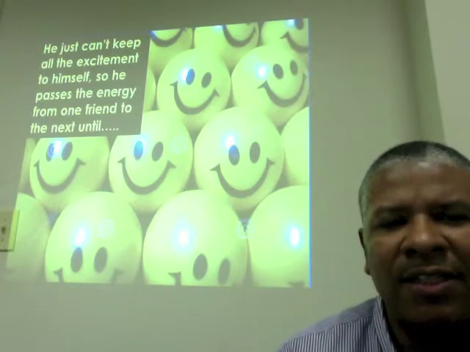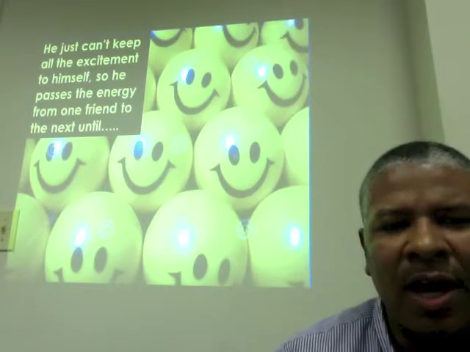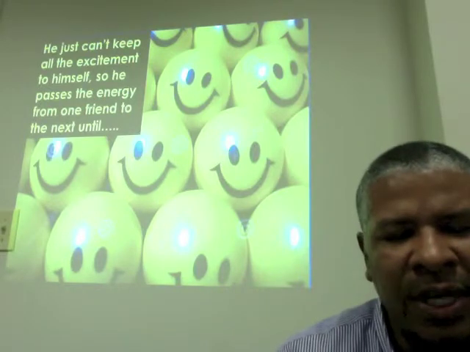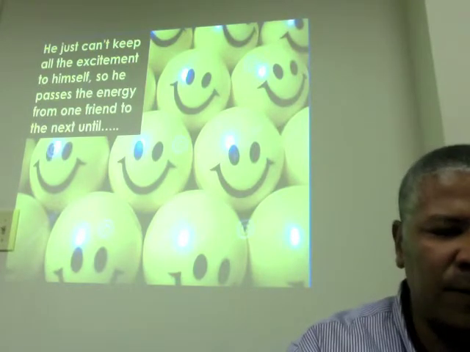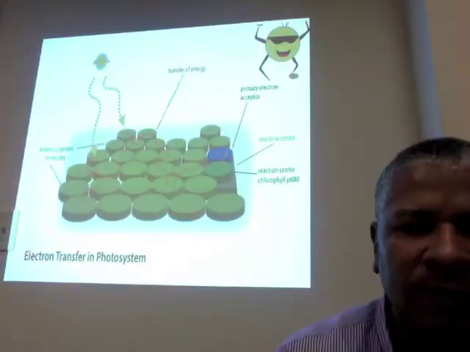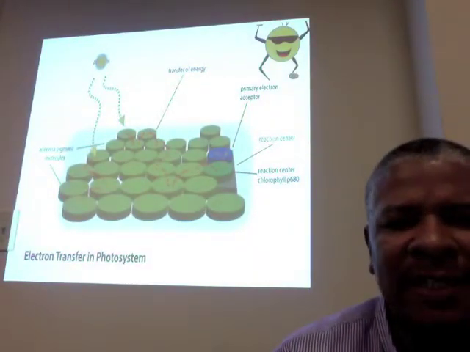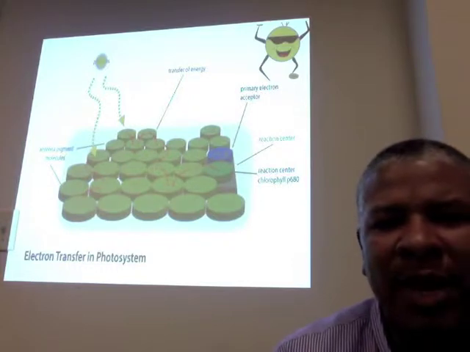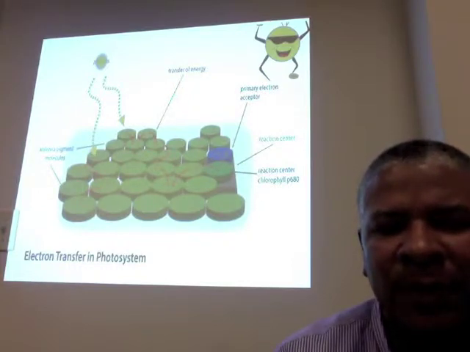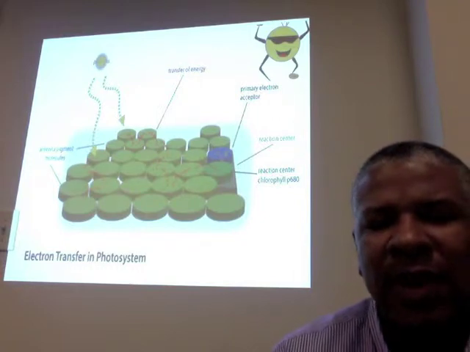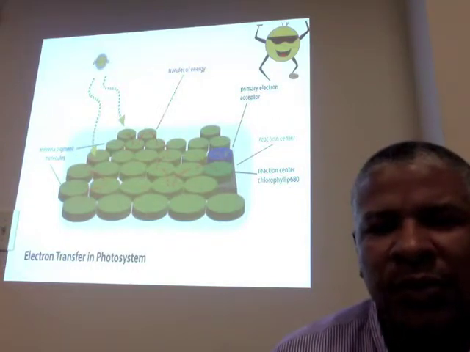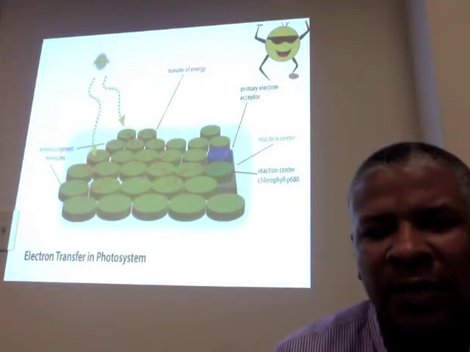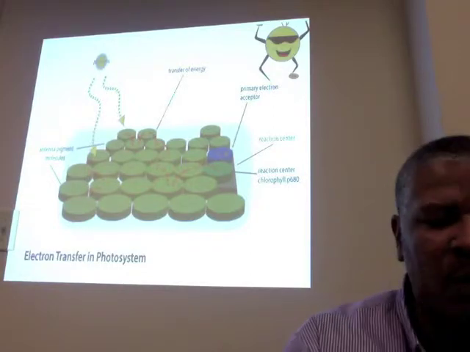So he passes this energy from one electron to another electron to another electron until an excited electron is captured by the primary electron acceptor. This primary electron acceptor is what introduces our excited electron into the electron transport chain.